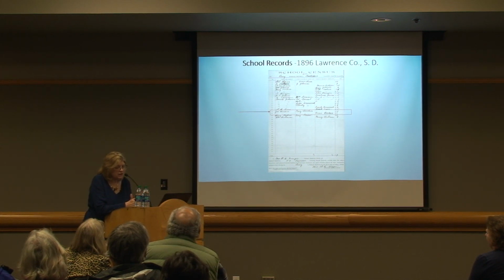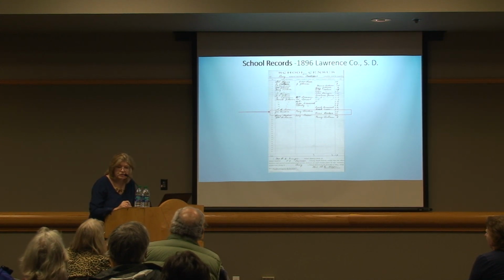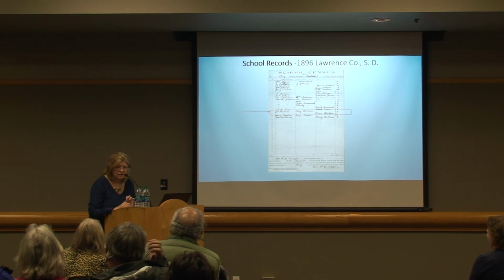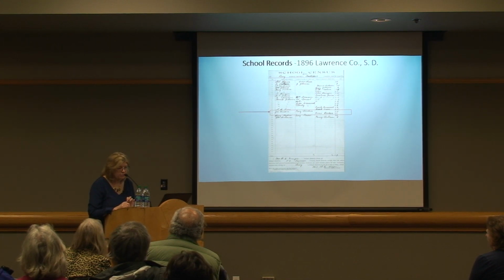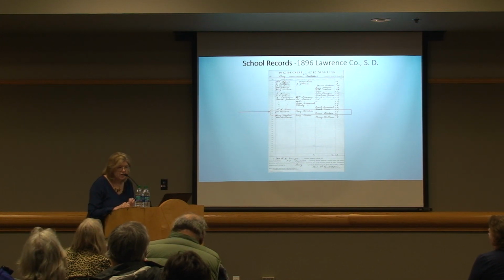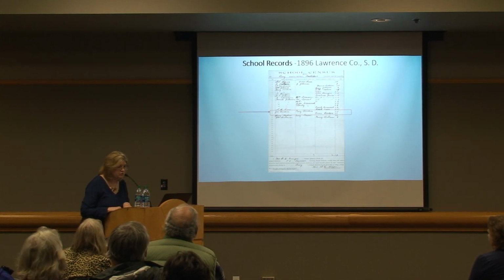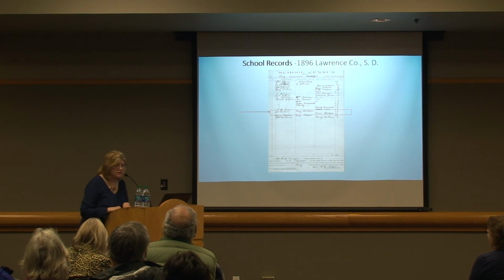Extrapolating from the grades that they were in, I was able to come up with an approximate age for those children. My big bonus was I found the mother's name because the school yearbook had listed all the members of the then PTA, and Mama was on the PTA. So I got her name too. I didn't get her age, but I got her name at least.